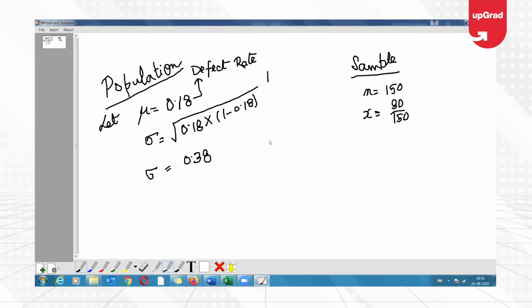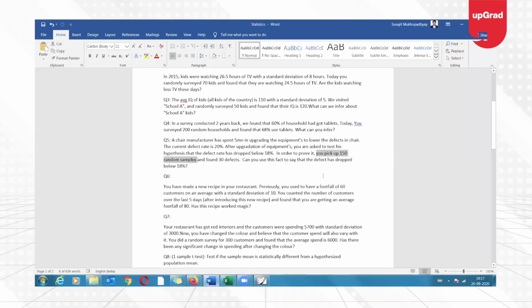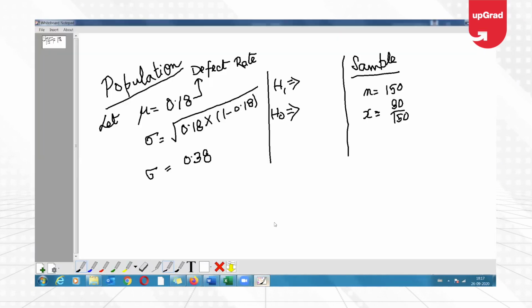Now let's construct the null and the alternate hypothesis. So we need to test this. So this is my alternate hypothesis, that mu is below 18%.